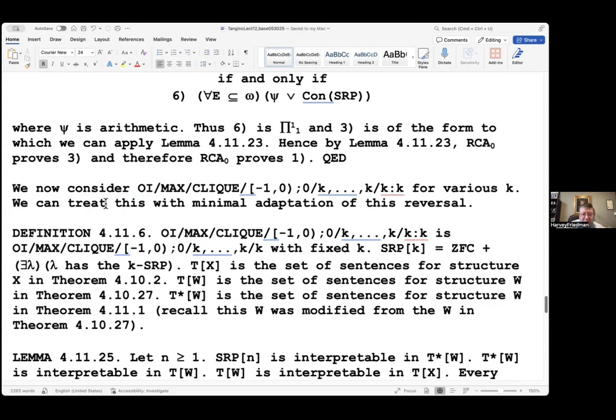We can treat this with minimal adaptation of the reversal. I'd like to not go much into the reversal. I have to go into the reversal a little bit, I do have to, but I want to minimize that.